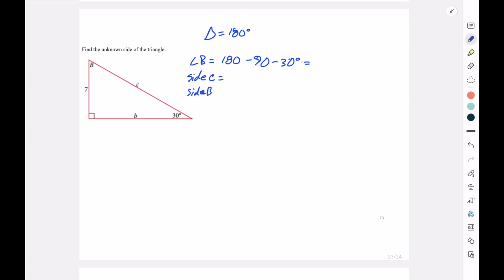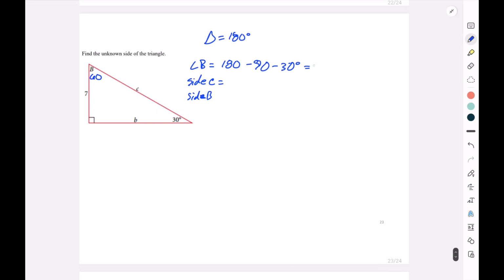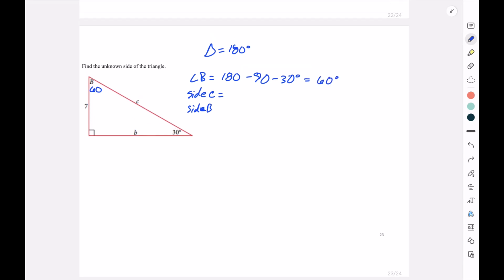So we know that we'll have a 30, 60, 90 triangle, but we aren't given those values because we have a 7 over here, and we still got to find B and C. So if we look at trying to find side C, we can use angle B, so being 60 degrees.